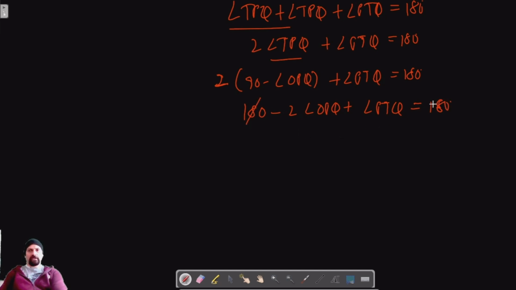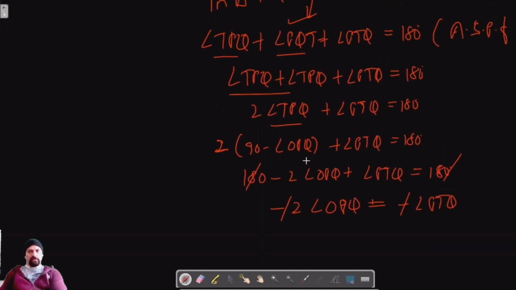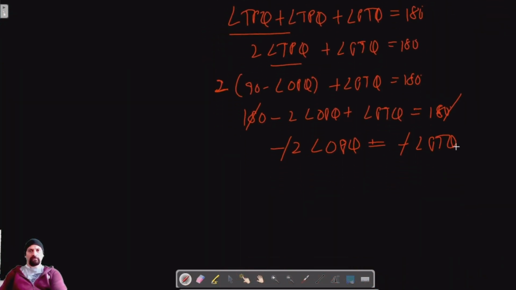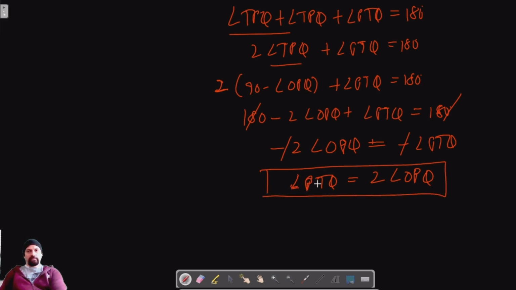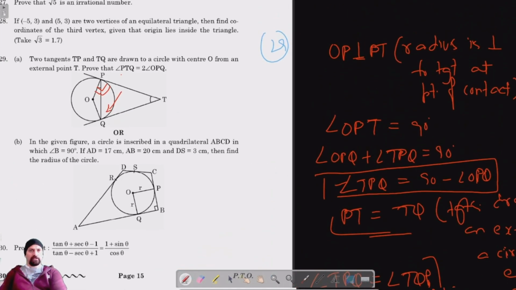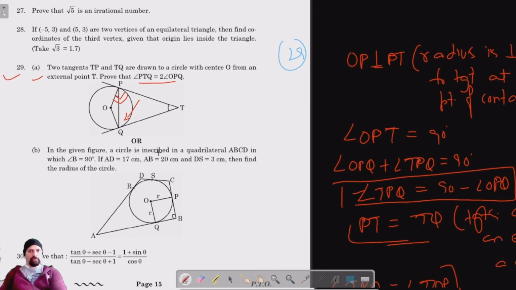So 180 and 180 get cancelled, so minus 2 times angle OPQ is equal to negative of angle PTQ. Finally, we have PTQ is equal to 2 times angle OPQ. And this solves our question number 29's first part. Let's move on to the second one.